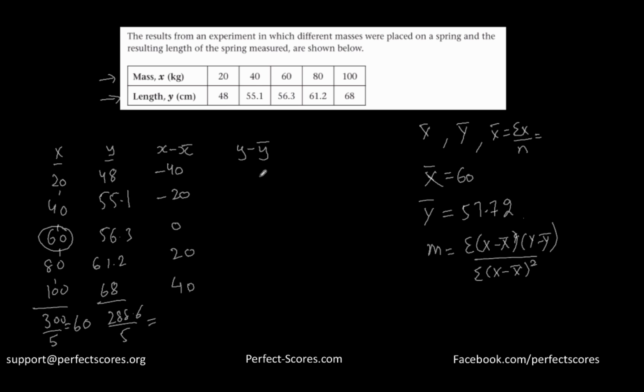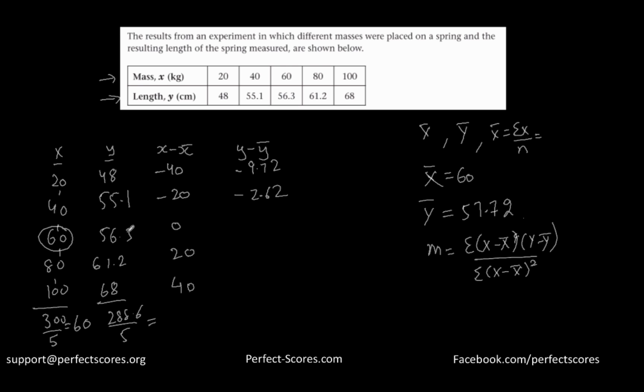Now let's find y minus y bar. First of all, y bar is 57.72. If I subtract 48 from it, I'm using my calculator, don't think I'm some kind of a genius here, right? And 57.72 minus 55.1 is equal to negative 2.62. Just a sec, guys.